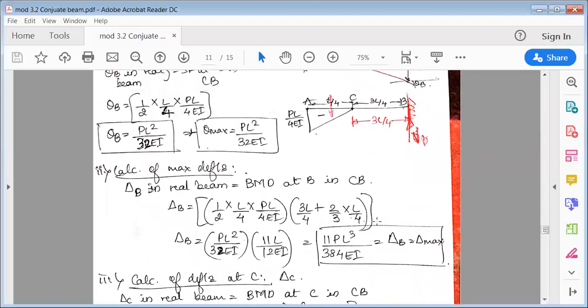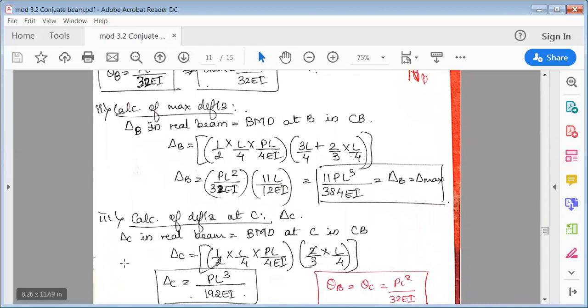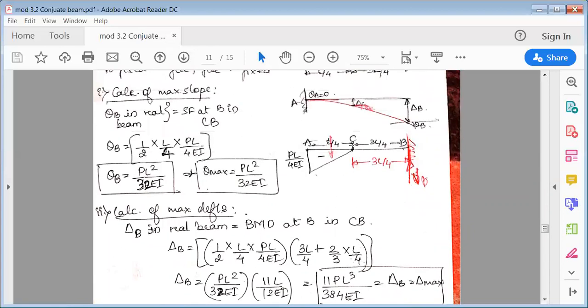Next, delta C. Delta C in the real beam is equal to bending moment at C in the conjugate beam. Again it is the same thing: area of this triangular load into its CG distance, where the area is half into base into height.